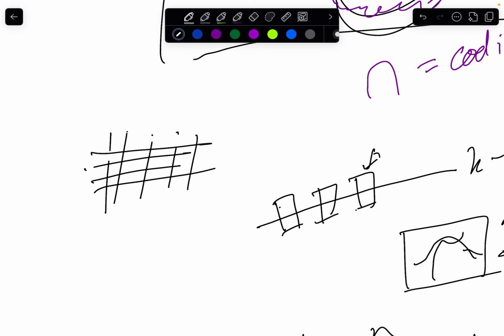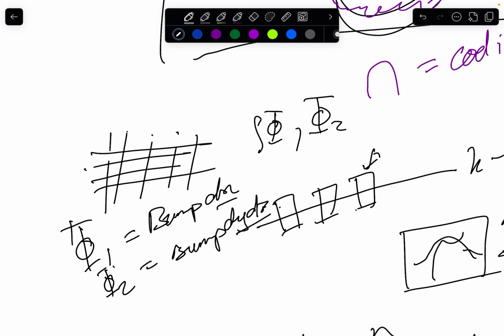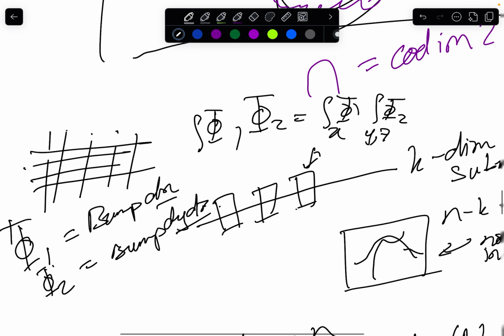So if phi1 looked like some bump dx, and phi2 looked like bump dy dz, then if you were to take the integral of phi1 phi2, because these are in orthogonal directions, if you could arrange it that way, this should be equal to the integral of phi1 times the integral of phi2. And this is just in the x direction, this is in the y and z direction, and that would give you 1. Does that make sense? So that's like an idea.